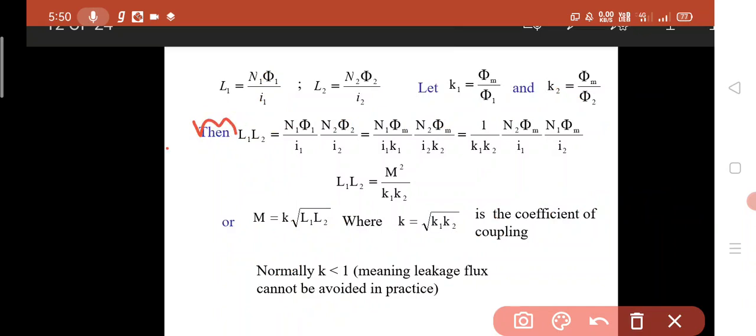Therefore M square is equal to K1 K2 L1 L2.